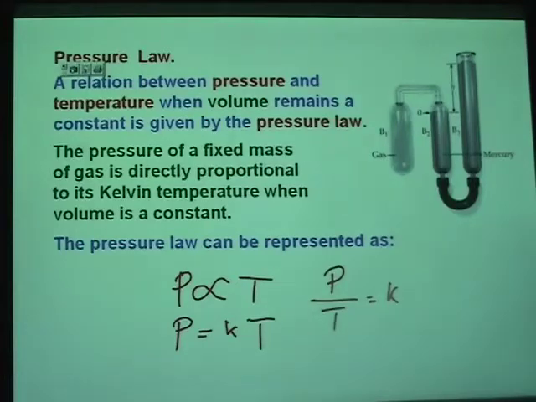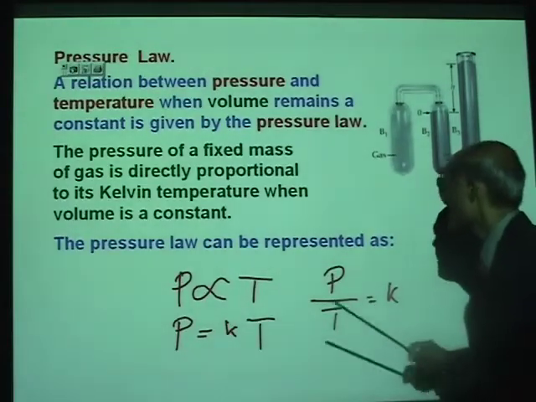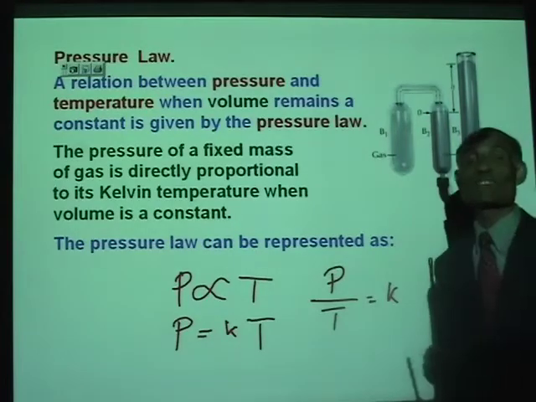You see that? So, when volume remains a constant, pressure divided by the Kelvin temperature will be a constant.